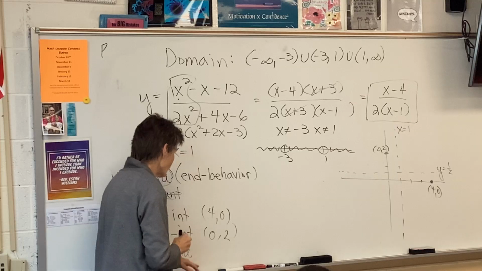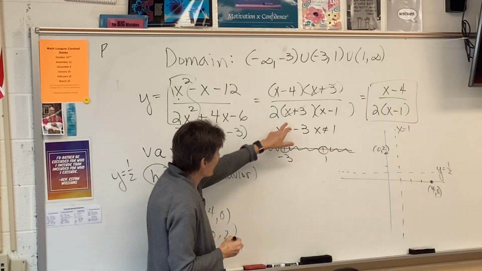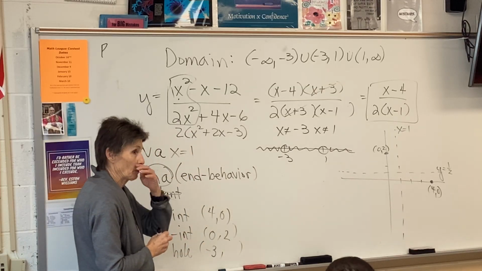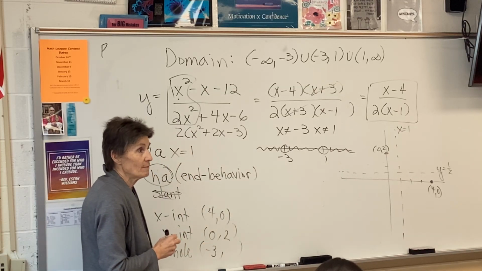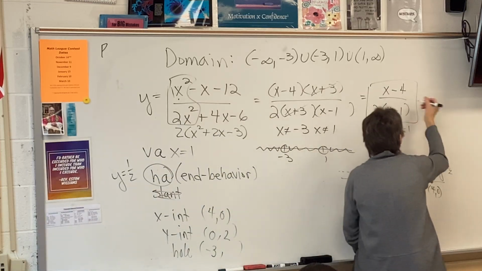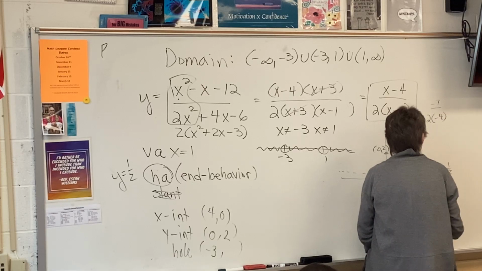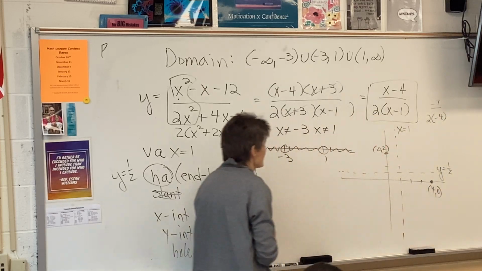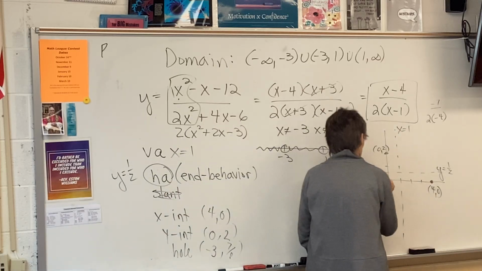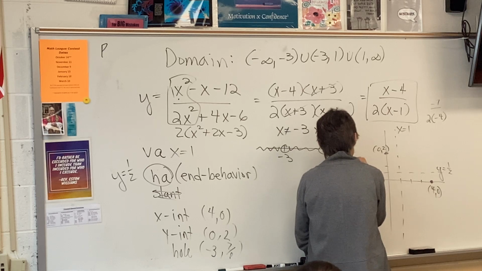Alright, one more thing. What's our hole? We know we have one. We've talked about it. It's going to happen where x equals -3. Plug in -3 and you get 7/8, so -3, 7/8.